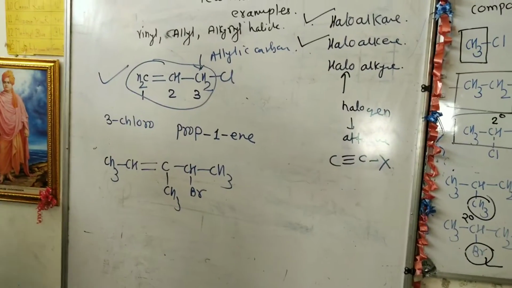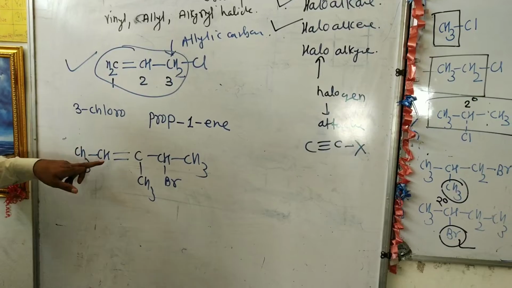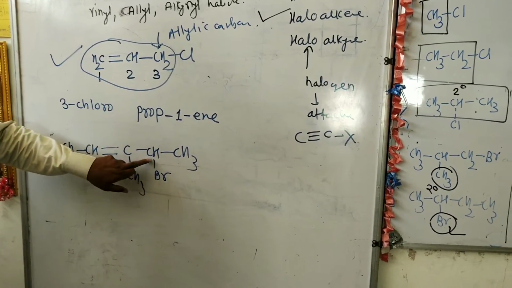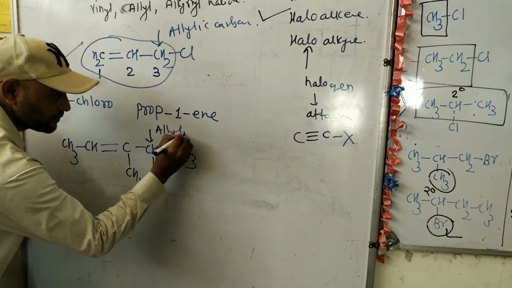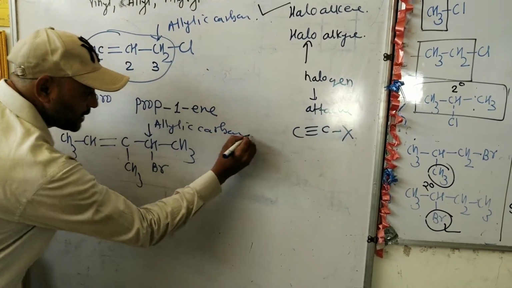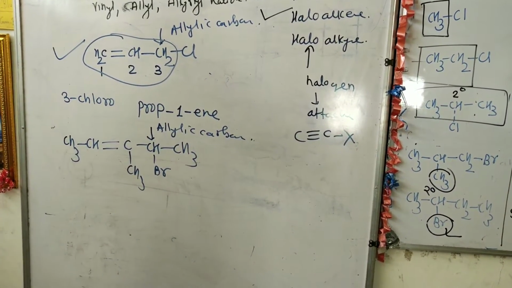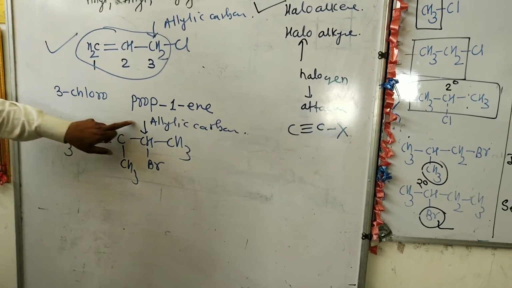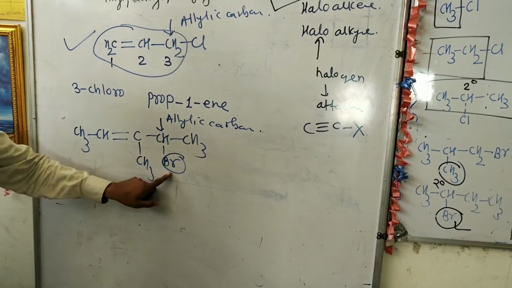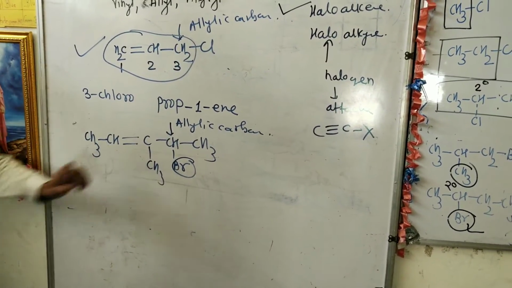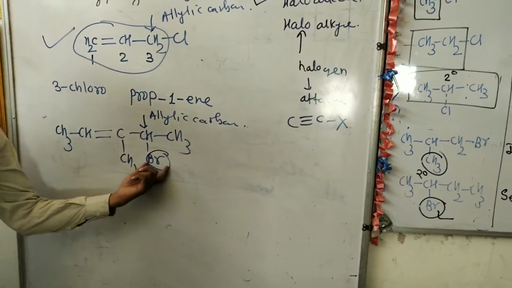In this example, the carbon next to the carbon-carbon double bond we call an allylic carbon. Allylic carbon. Yes or no? And this allylic carbon bears the halogen, that's why it is an allyl halide.